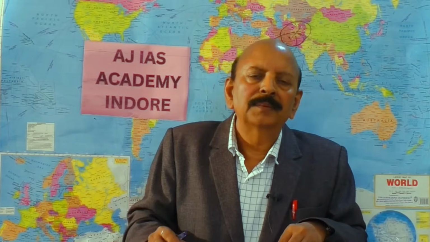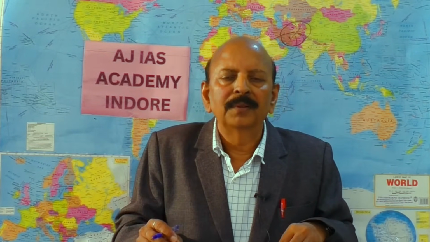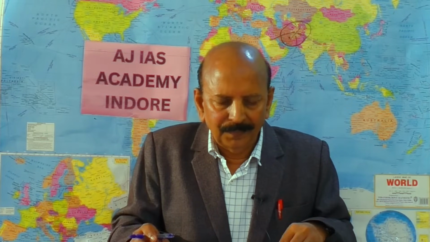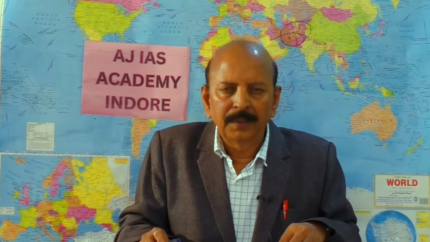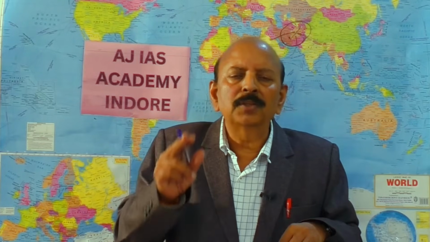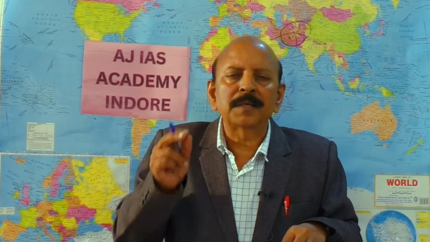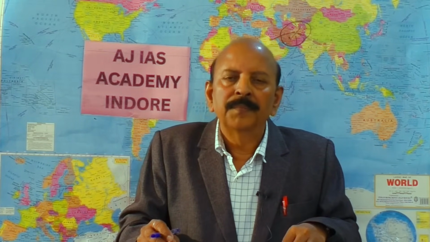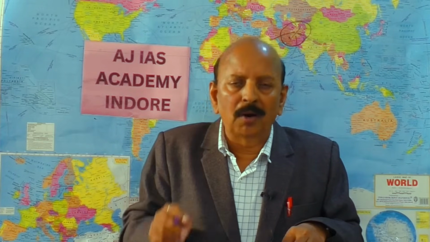Friends, now I shall switch over to the causes for the acquittal of the accused. Number 1, insufficient evidence. If the judge is of the opinion that evidence adduced before the trial are not sufficient, he may acquit the accused. Reasonable doubt.